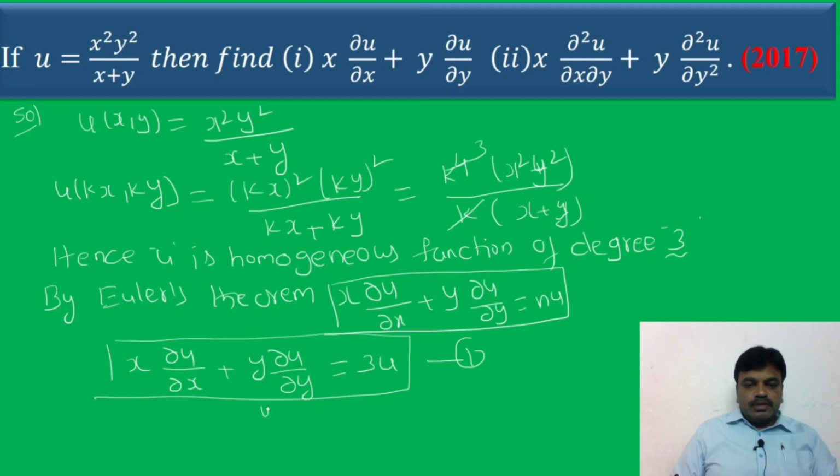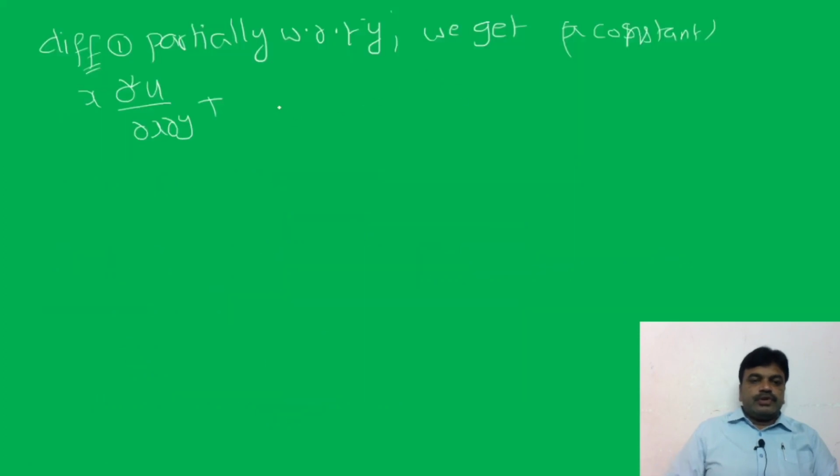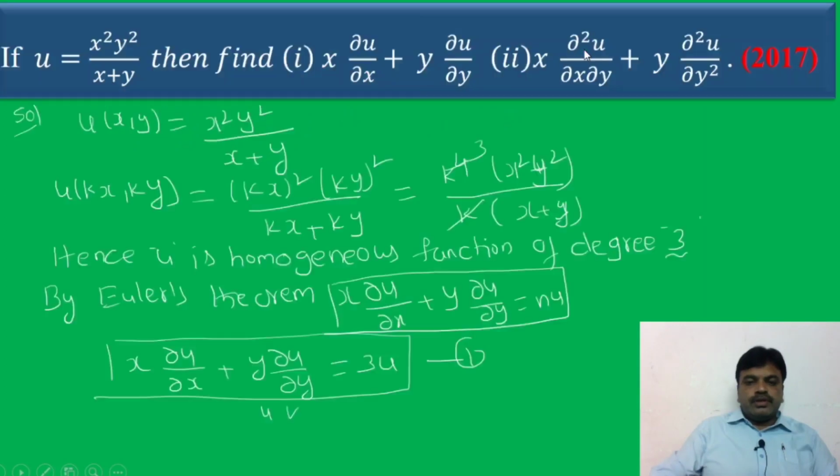Apply here the uv rule, friends. So, derivative of y is 1, so that we get here ∂u/∂y plus y into the derivative of ∂u/∂y, which is ∂²u/∂y², that is equal to, on the right hand side we have 3 into u, friends.